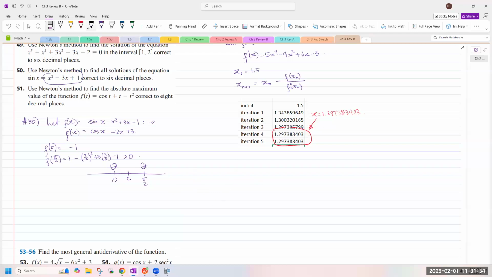Let me do it. So if I go back here, x squared minus 3x plus 1 is x squared minus 3x plus 2.25 minus 1.25, so this is (x minus 1.5) squared minus 1.25.